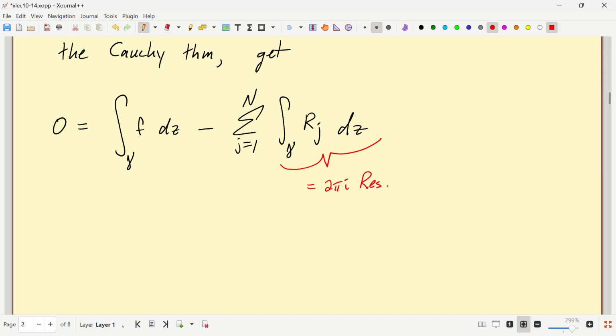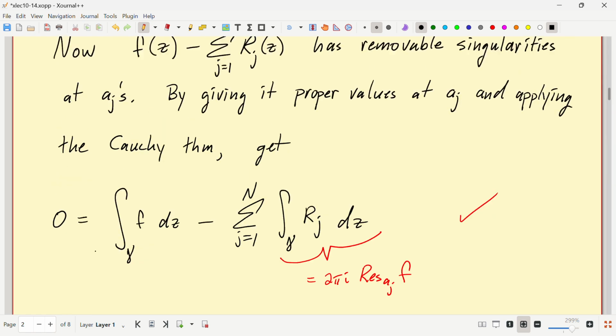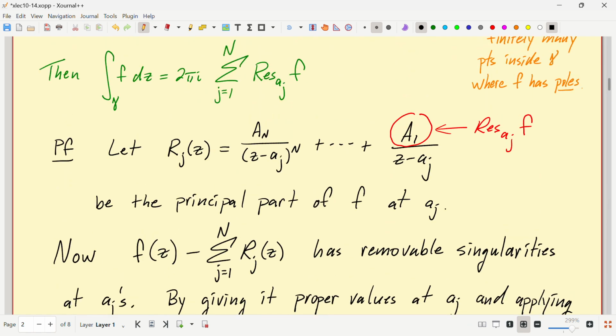The residue at aj of f. And that's going to give us the residue theorem. And here's the reason why. Remember what rj was. Maybe I'll just copy it. Here it is.